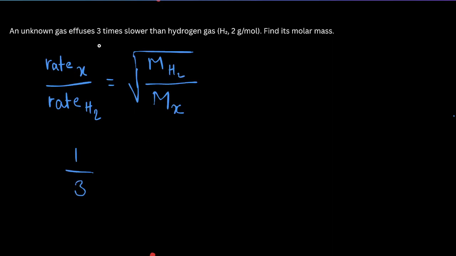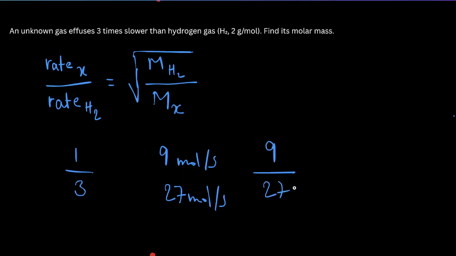Let's say that they told us that this unknown gas diffuses at 9 moles per second, and our hydrogen is diffusing at 27 moles per second. And we set up this expression, or this fraction, right? This rate of x over rate of H2. That would still be 9 over 27, which would simplify to 1 over 3 anyway.